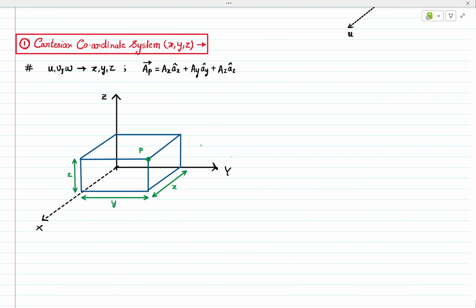Now, as I have already told, this point is a vector, also called the point vector, so it must have three directions also. Let us see what the three directions are. Those three directions are along the x, y, and z directions. See, first let me draw the three directions.